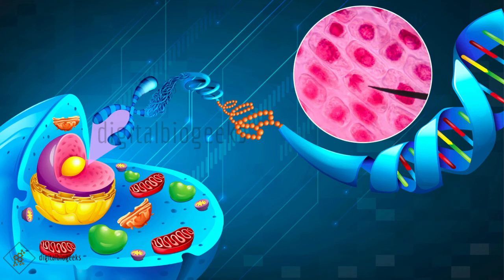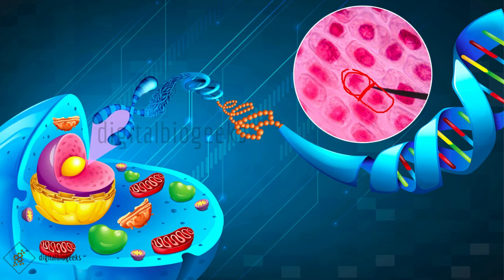Here you can see that the cell is elongated, and after this it will get split into two. During this division, we can see the chromosomes inside the nucleus.